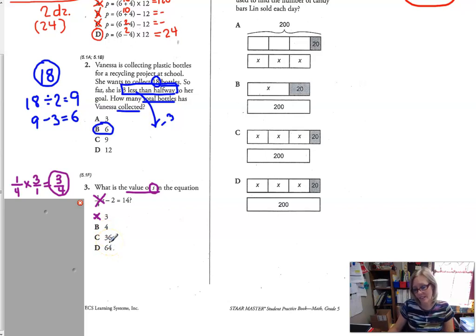Or think of it this way. What number would have to go here, minus 2, and it equals 14? So what number out there, if I subtract 2, equals 14?